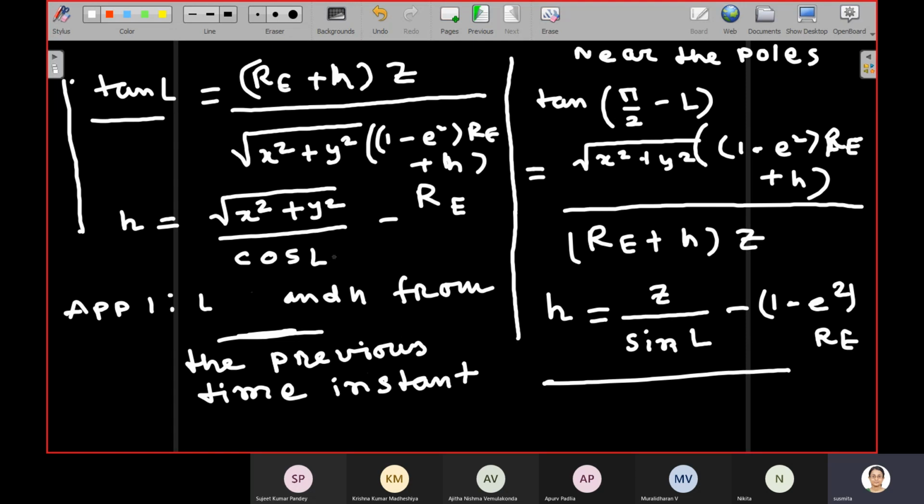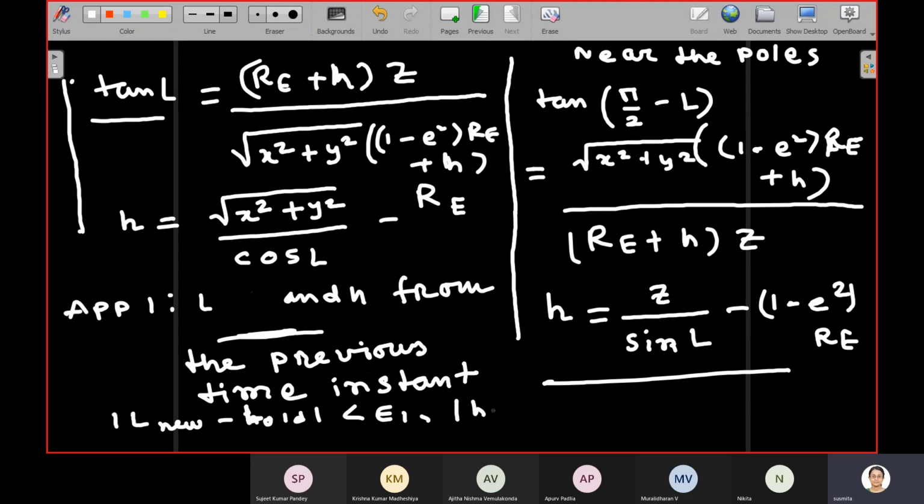This has to be done iteratively until we find that the absolute difference between L new and L old is less than some predetermined threshold or tolerance epsilon. When this condition is satisfied, we say that the solutions have converged and we stop the iteration.